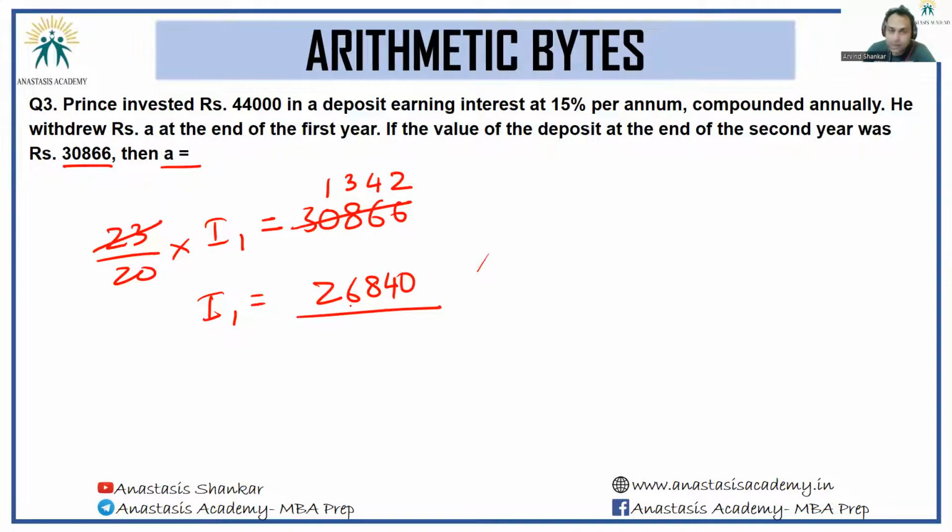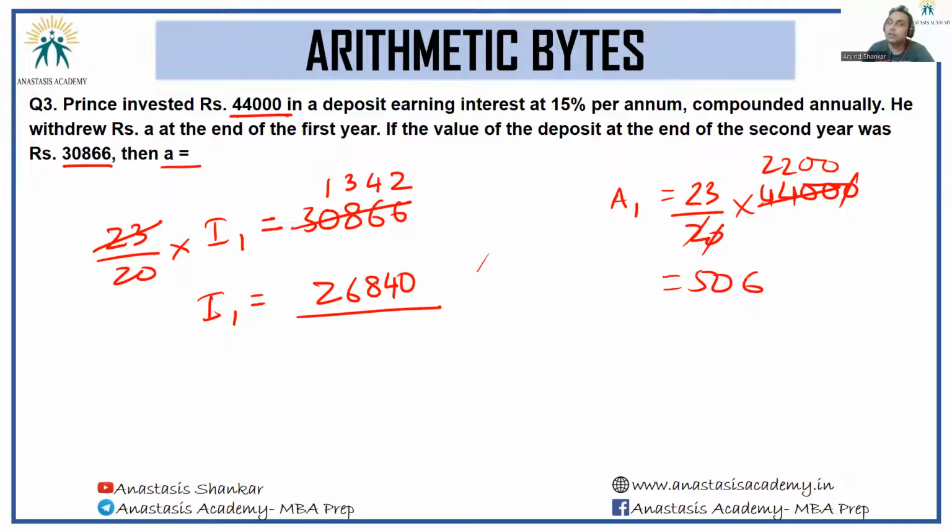But this is not the amount that you would get if you had invested 44,000. If you had invested 44,000, the amount at the end of the first year would be 23 by 20 into 44,000, which is 50600.